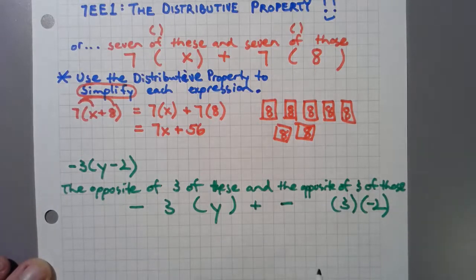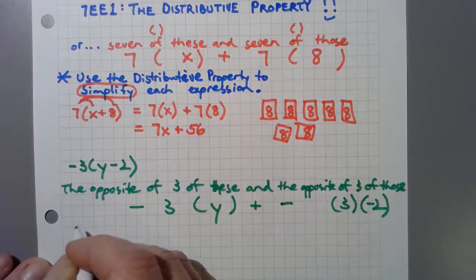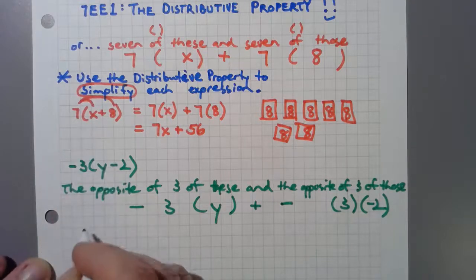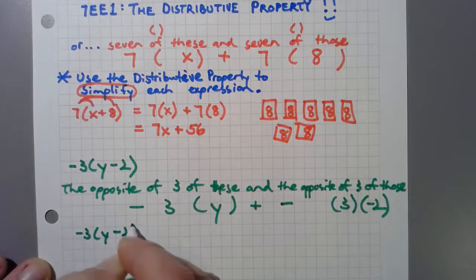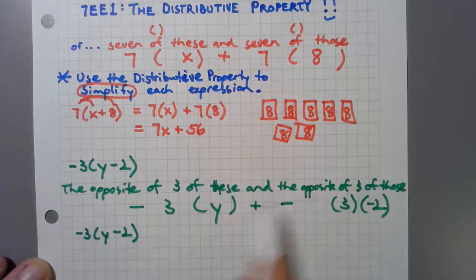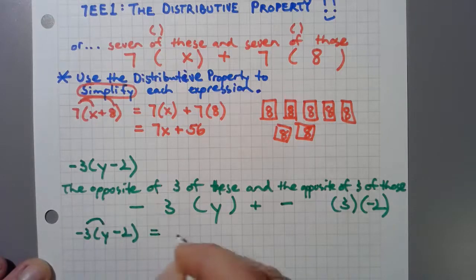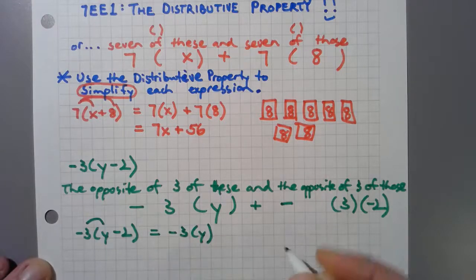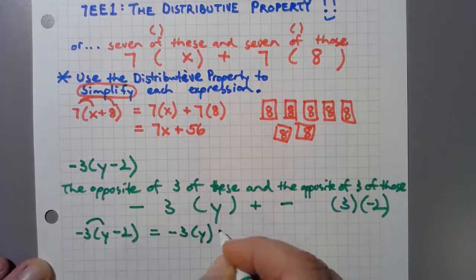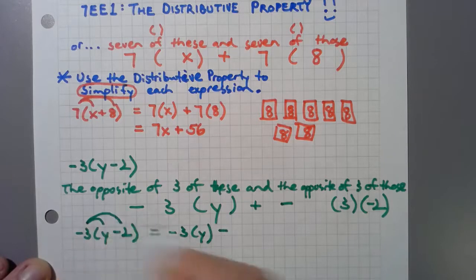Okay, so let's do it. Just like up above, start like that. There's the language, the explanation, the translation, and let's do it. Let's draw a little line. So I've got the opposite of 3 of those y's, and I've got the opposite of 3 of those negative 2's.